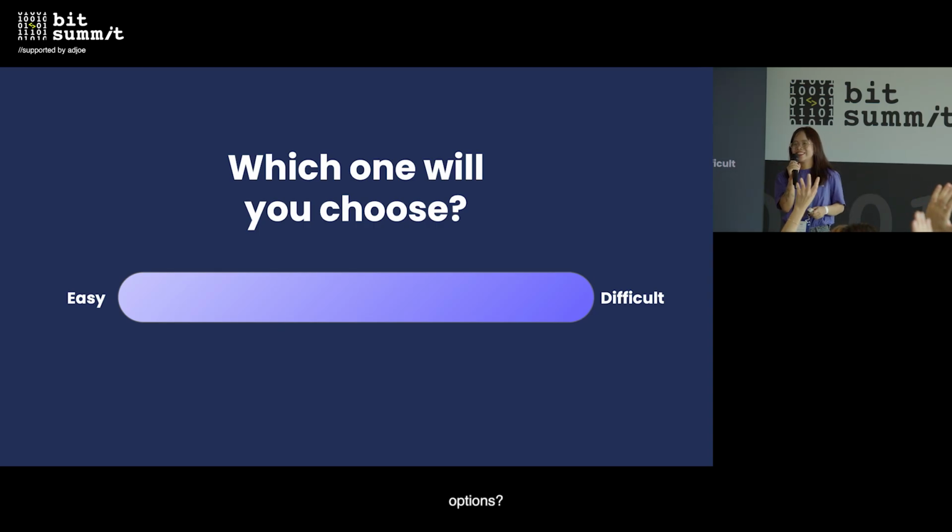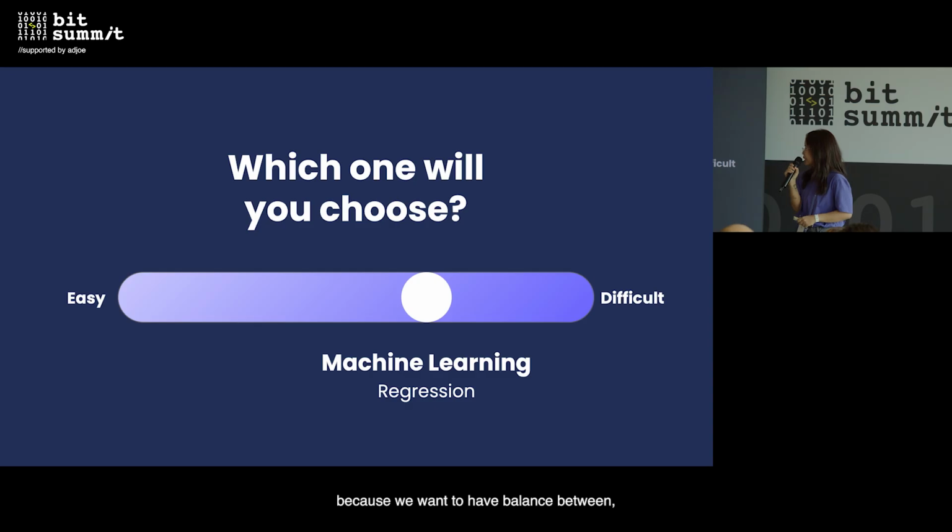Raise your hands. Okay, and who will choose the difficult way? Okay, bold. That's bold. Indeed, we are going with neither of them, because we want a balance between control and stability, and we also want some performance. So that's why we choose somewhere in between, and that's why we use machine learning.